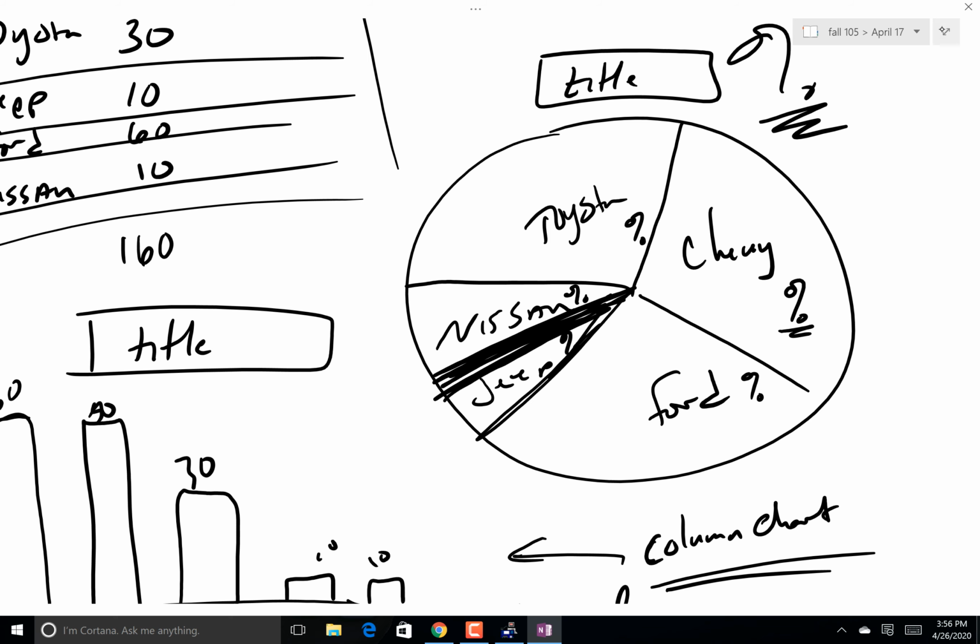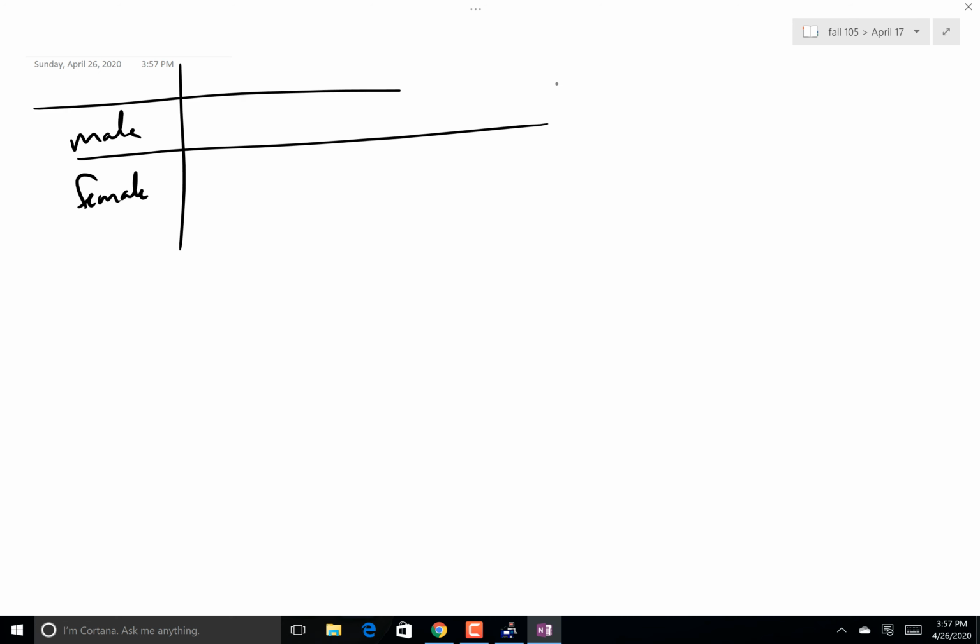Now it's quite possible at times we have data that looks like this: male, female, and then, oh, I don't know, cars? No, not cars. It's boring.